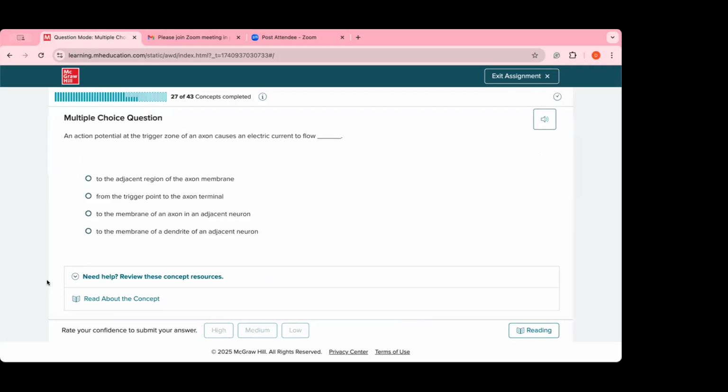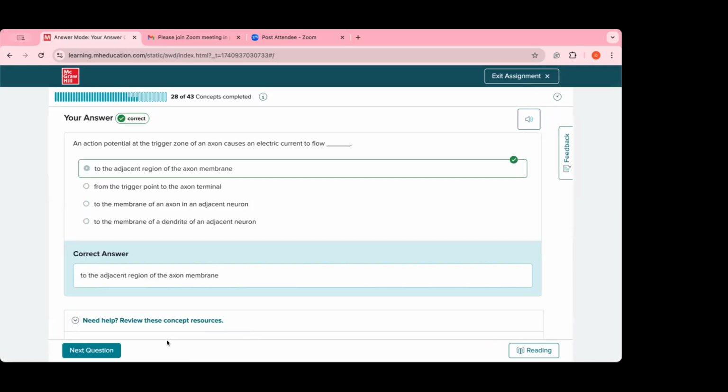So they're using the first one, to the adjacent region of the axon membrane. I think they're talking about the initial trigger that it has. Okay, let's continue.